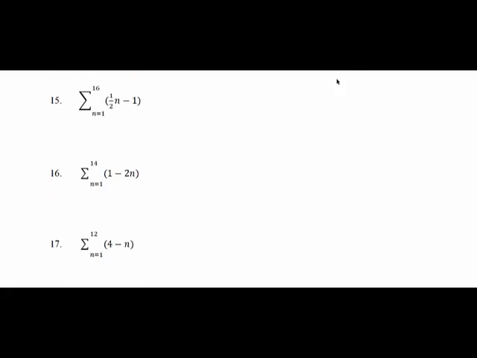All right, for our final 2, this is just walking through the same process. We're going to start off with the formula, looking at the sum of the first 14 numbers. This only gets us this far in the equation, though. We would need our first term, a sub 1, and our last term, a sub 14. So this will give us 1 minus 2 times 1, which is negative 1.